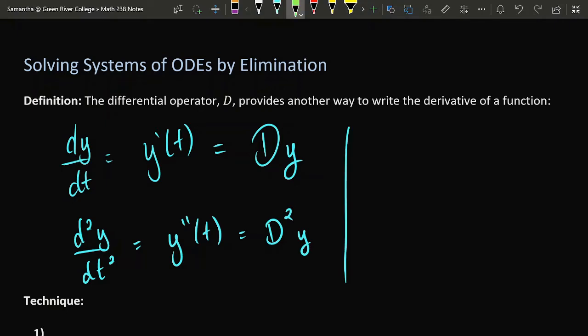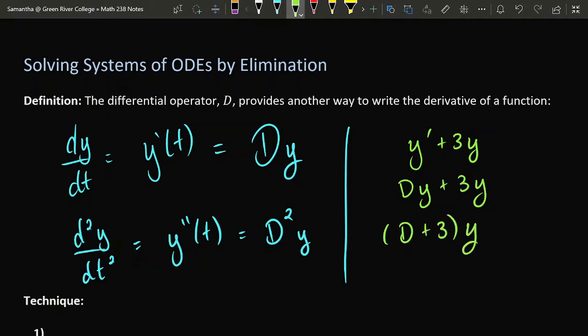Now we can also use the differential operator to express things like y prime plus 3y. Y prime is the same thing as Dy. So if I rewrite y prime using the differential operator, and then in some sense factor out y, then we can rewrite this expression as the quantity D plus 3 times y.